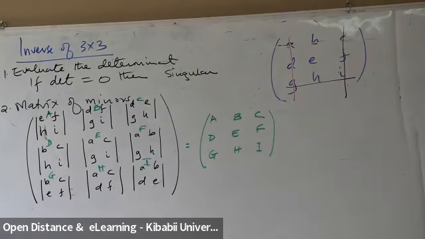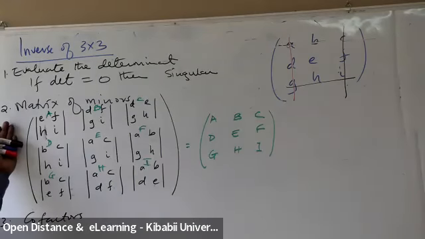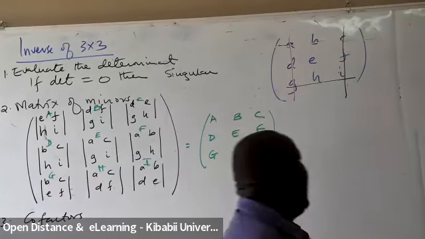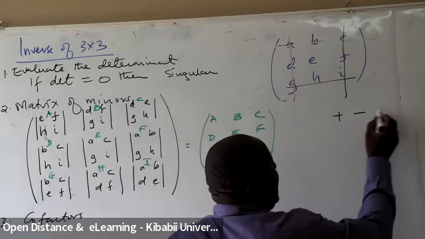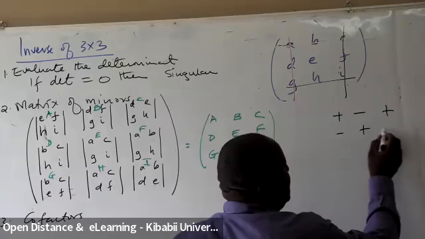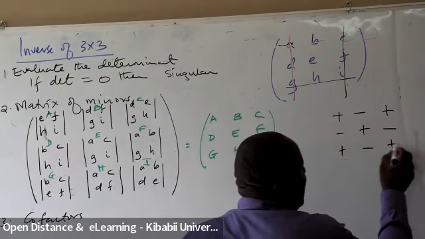Then it gives me an opportunity to now define step 3, the matrix of cofactors. What is a matrix of cofactors? This is a matrix obtained from the matrix of minors by applying the signs that I have given there: plus, minus, plus, minus, plus, minus, plus, minus, plus.